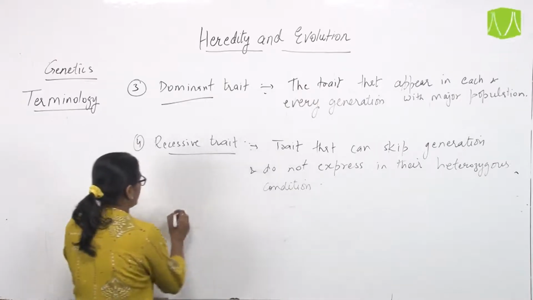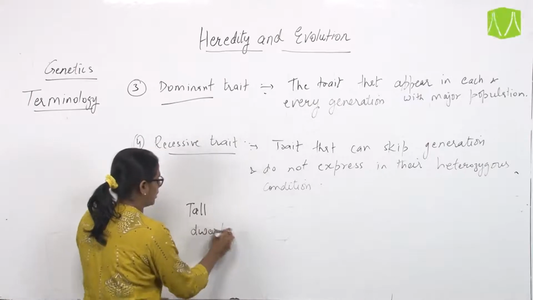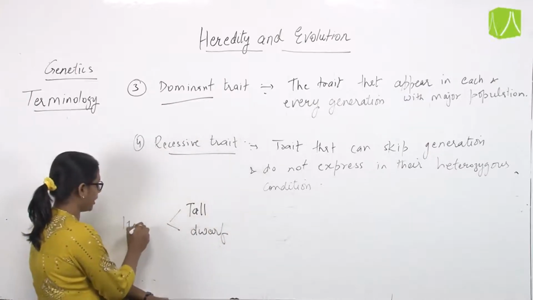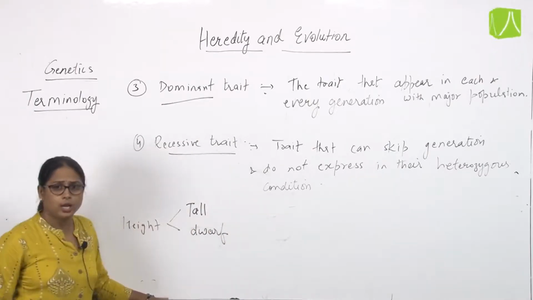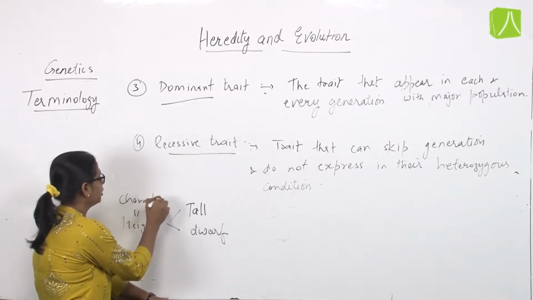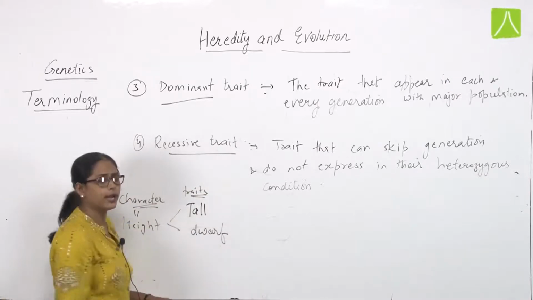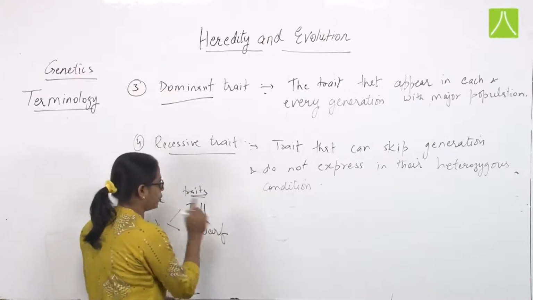Like tall is a trait and dwarf is another trait. But these are the traits of the character height. Now height is a character, but these are traits of this character. Now tall and dwarf.